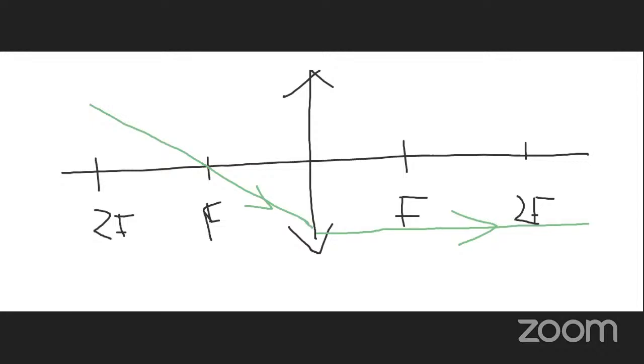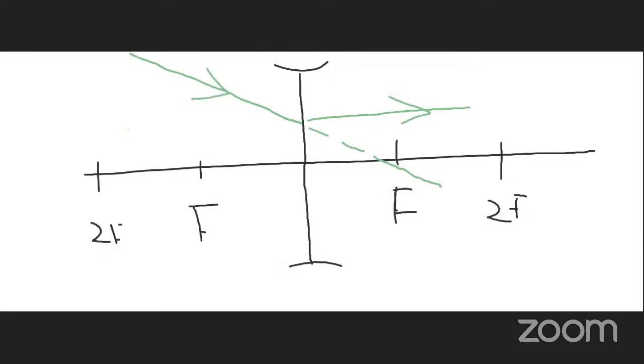Then similarly, for the other one there, this ray is meant to pass through the far principal focus, but it gets refracted here because from the first principal ray we said that a ray which is parallel to the principal axis on the refraction appears to be coming from this.